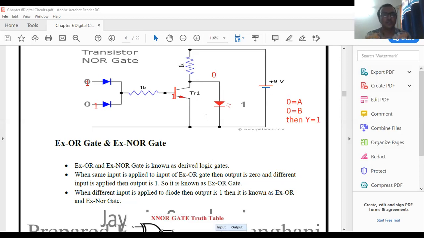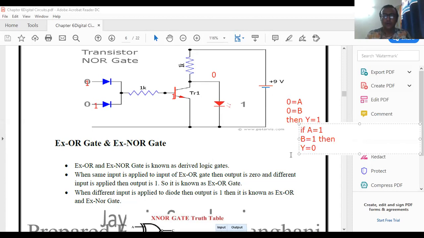Simply remember this. So the LED will not turn on and the voltage here is 0. That's why if A equal to 1, B equal to 1, then Y equal to 0. So it is the NOR gate, A plus B all dash.